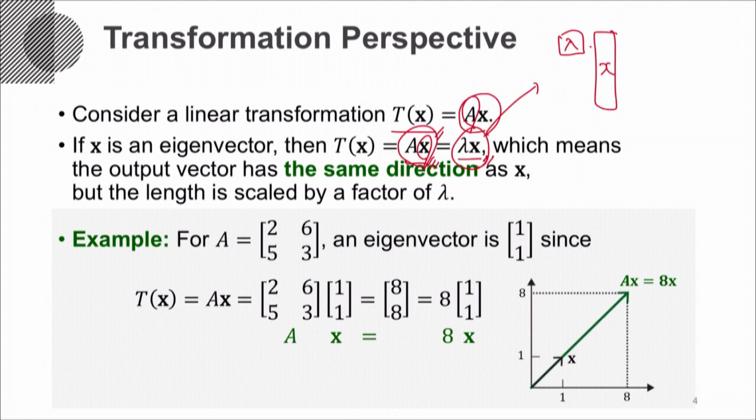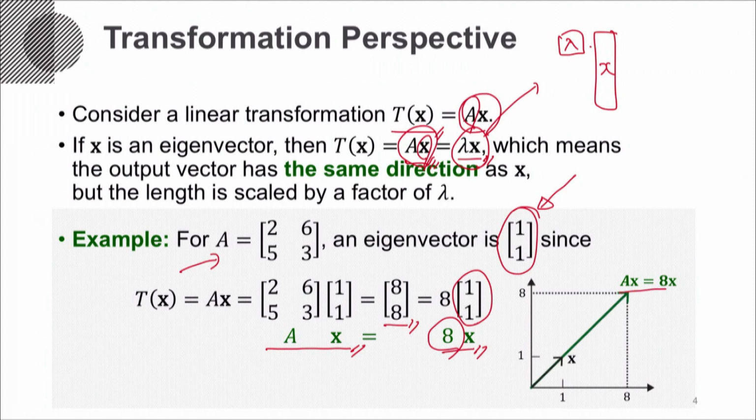So let's look at one example here. Given A as this matrix, suppose this is our eigenvector. We didn't study how to obtain this eigenvector, but let's just suppose that this is an eigenvector and verify if it is true. Let's compute A times x, and it will be a scalar multiple of the original vector x by a scaling factor of 8.